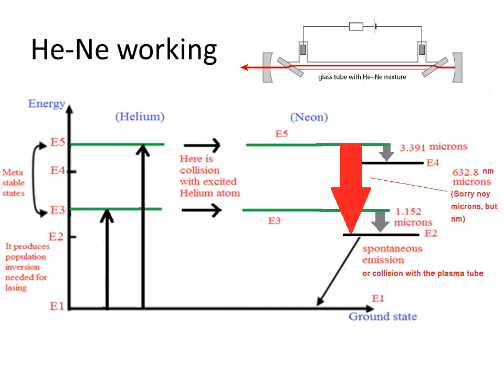This electrical discharge, when you turn on the pumping source, is continuously provided. It is not giving flashes. So we have a continuous output coming from this helium neon laser.